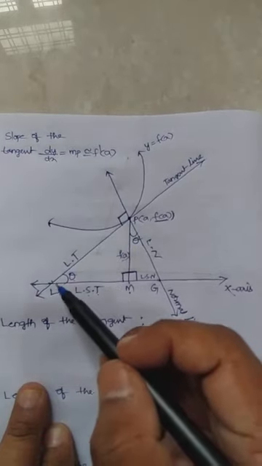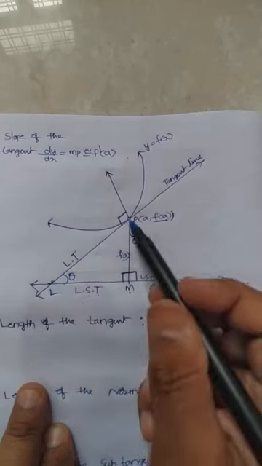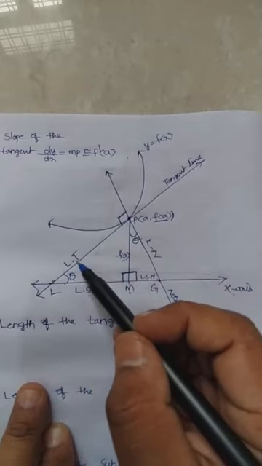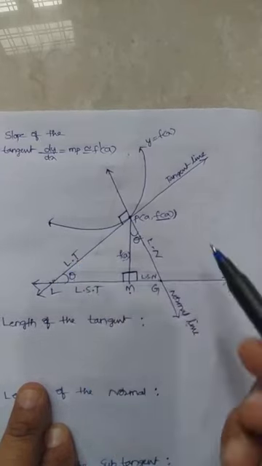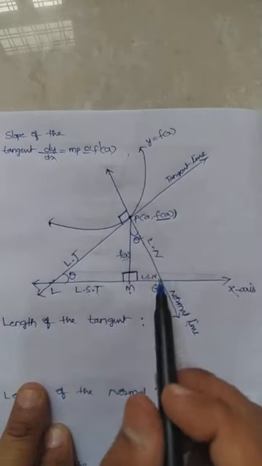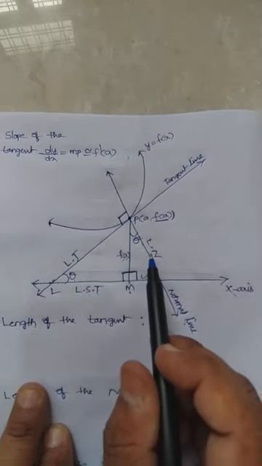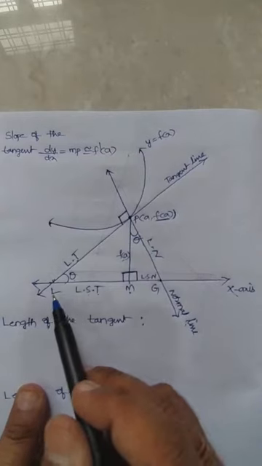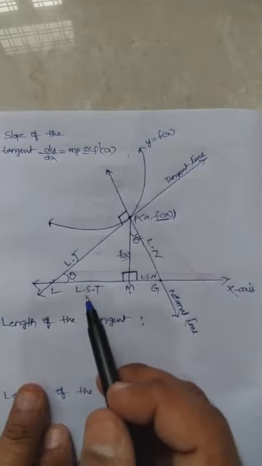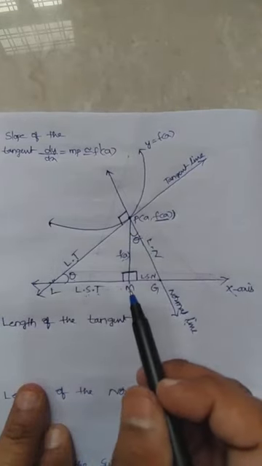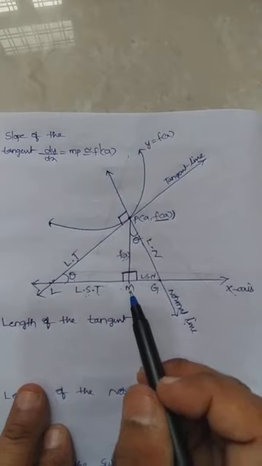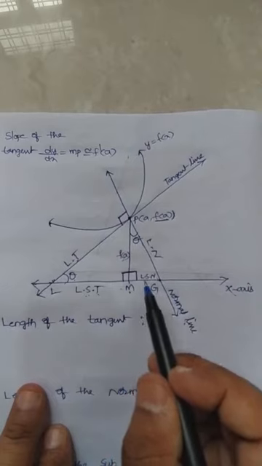So I am going to find PL bar, the length of the tangent, first one. The second one, PG bar, the length of the normal line. The next one, LM bar, the length of the subtangent. And here MG bar, the length of the subnormal.